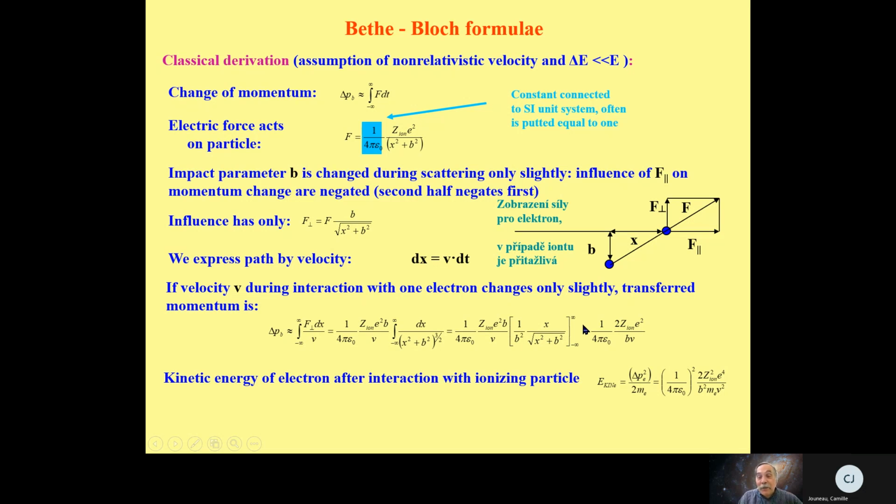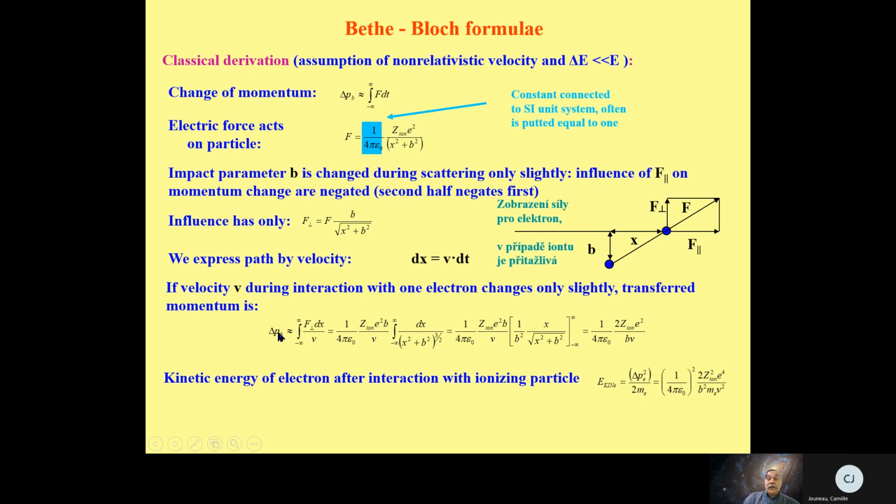One time plus, the second time minus and minus is plus, that means 2 times. So exactly from this you will obtain only this plus 2. Here is b squared, here is b, this is 1 divided by b, and you will obtain this. Okay, this is the change of momentum.